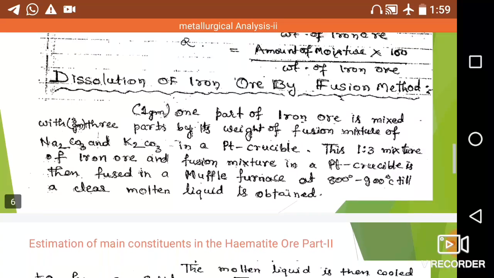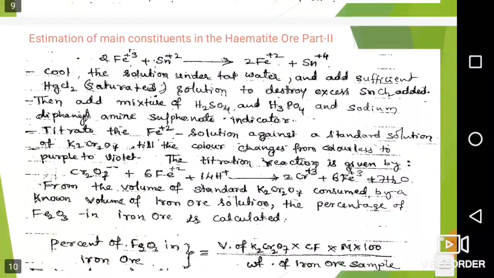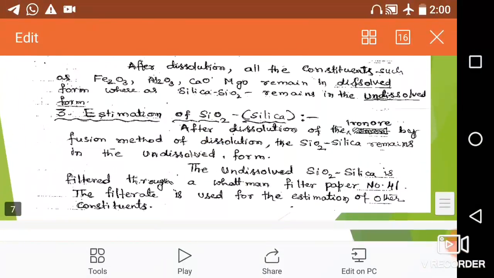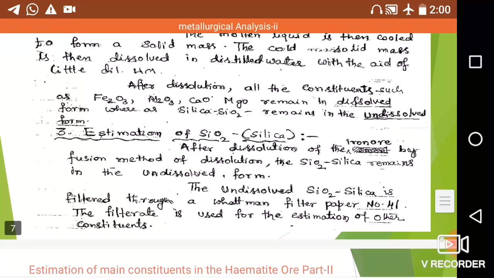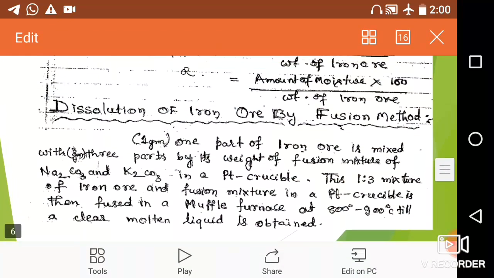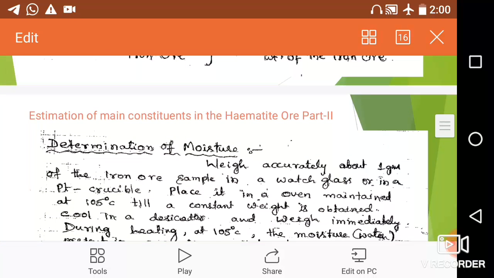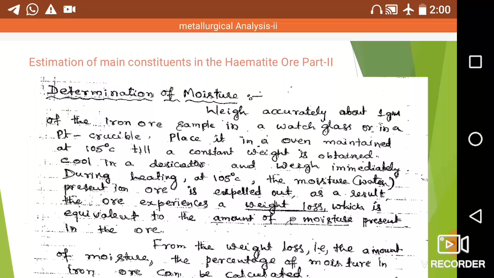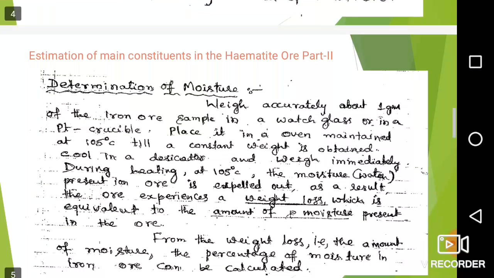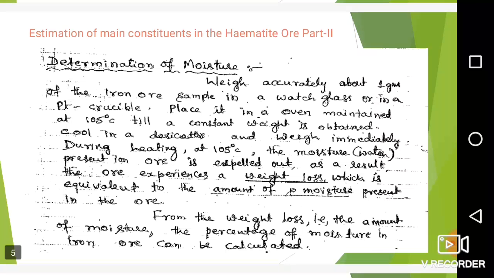How is this estimation of moisture carried out with this method? In the moisture determination, only evaporation of this moisture takes place, expelling of the moisture by heating at about 105 degrees Celsius.